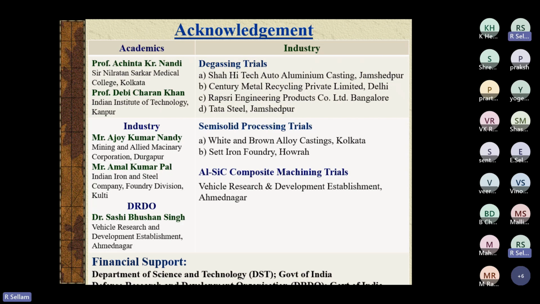Then in Delhi, Century Metal Recycling Private Limited. Then in Bangalore, Rafsi Industries Private Limited. Tata Steel, nearby our institute. For semi-solid processing work, white and brown alloy casting Kolkata, and set and iron foundry Howrah. And for aluminum silicon carbide composite machining trials, the vehicle research and development institution at Ahmednagar.